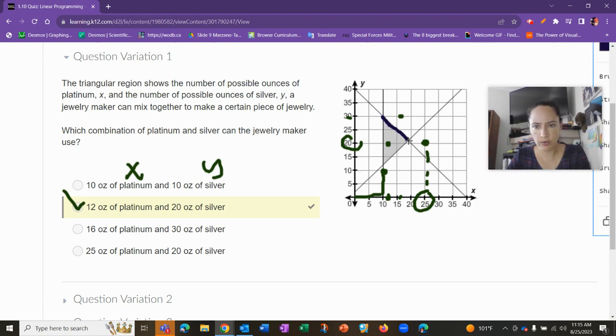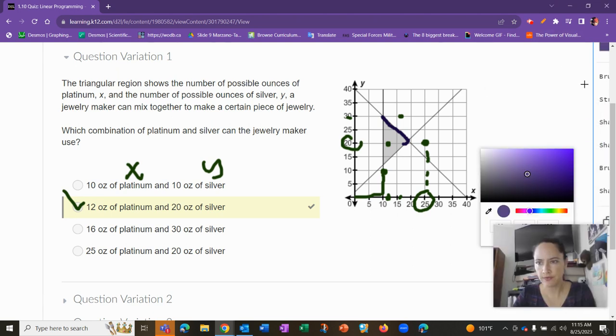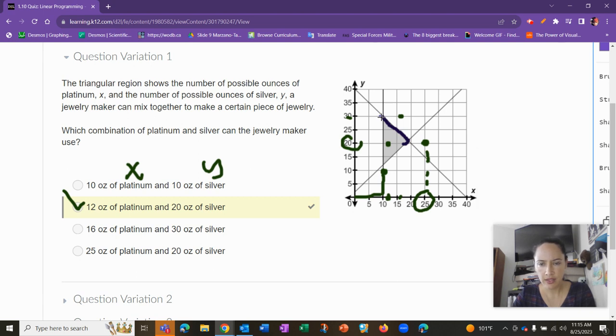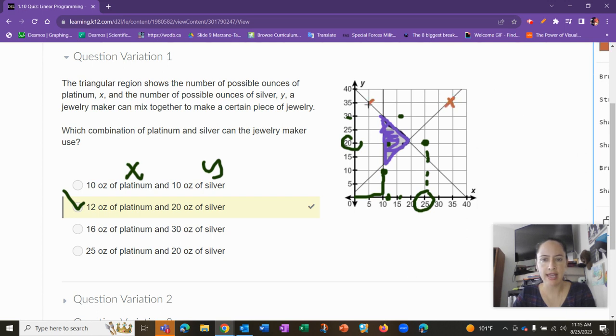That did not change the color enough. Let's make it prettier. Okay. This on the line and in the gray, because they're solid lines, is the feasible region. Nothing on the lines outside of the feasible region counts.